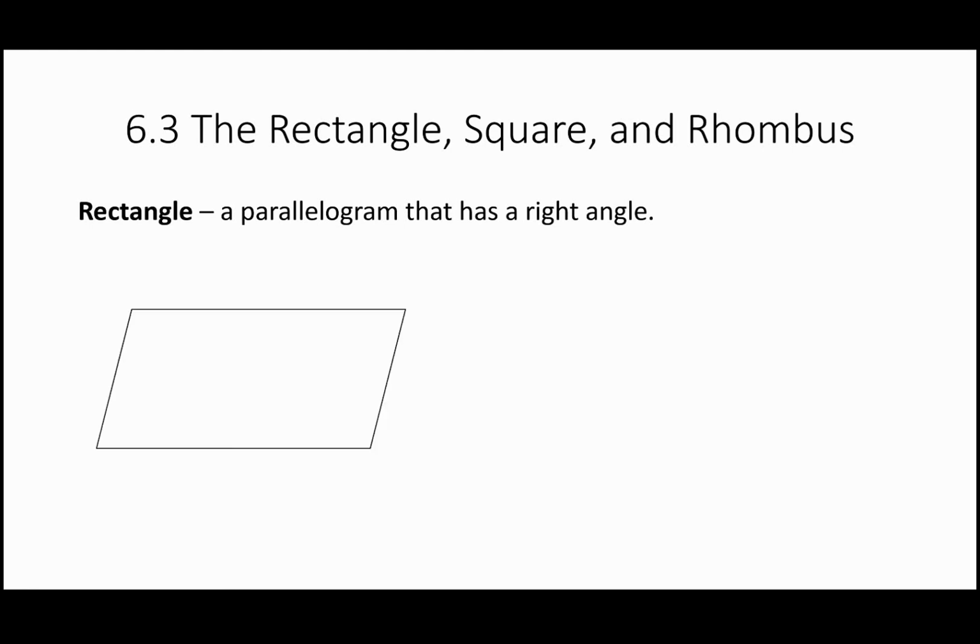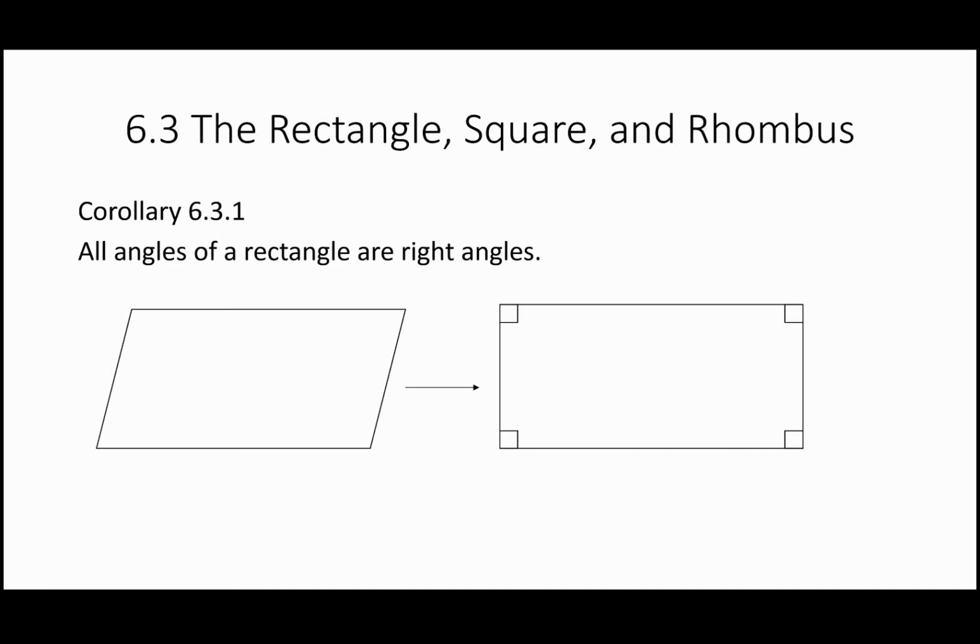So think of a parallelogram. Here is probably what we would visualize as a quintessential parallelogram, and just straighten it up a little bit. You only need to put a box in one of the interior angles in order to categorize it as a rectangle, believe it or not. Now, by corollary, directly after the definition here, we can conclude that rectangles have all of their interior angles as right angles as well.